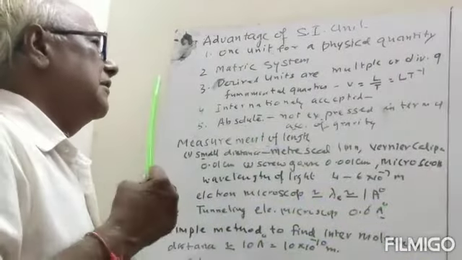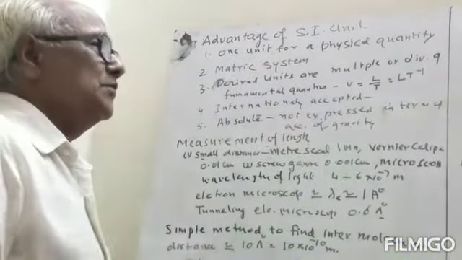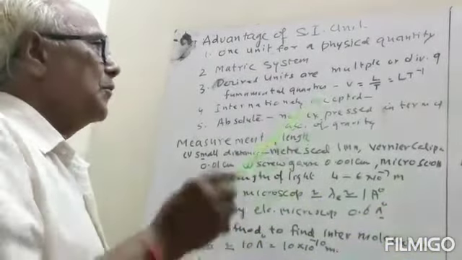So we can express all the derived units or derived quantities in terms of multiples of fundamental units which we have described in the SI unit. The fourth is that it is the internationally accepted unit, and fifth is that it is an absolute unit.